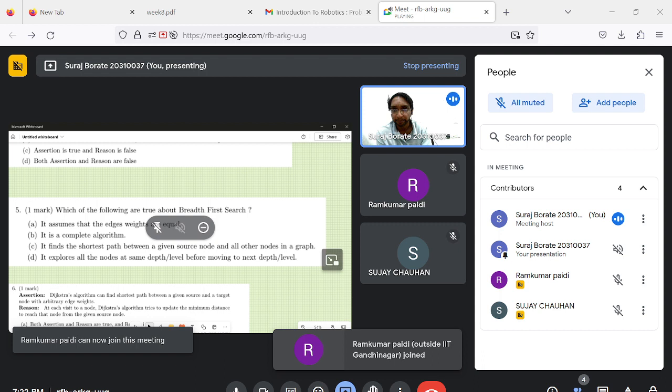You can take g of x to be the number of steps taken to reach the grid cell x from the start state. So how much distance you have traveled from the start state to the state x. Assume that the robot can move only to adjacent cells: up, down, left, right. These are the options for the heuristic h of n.